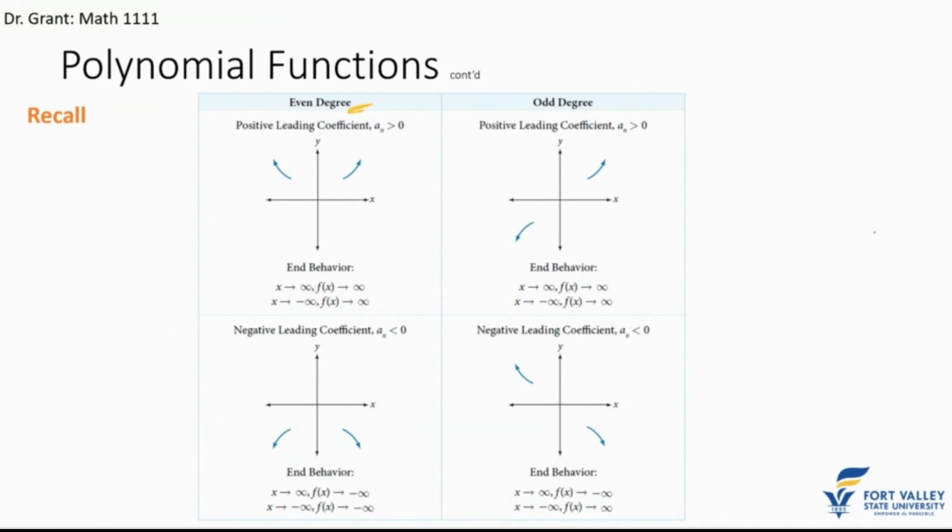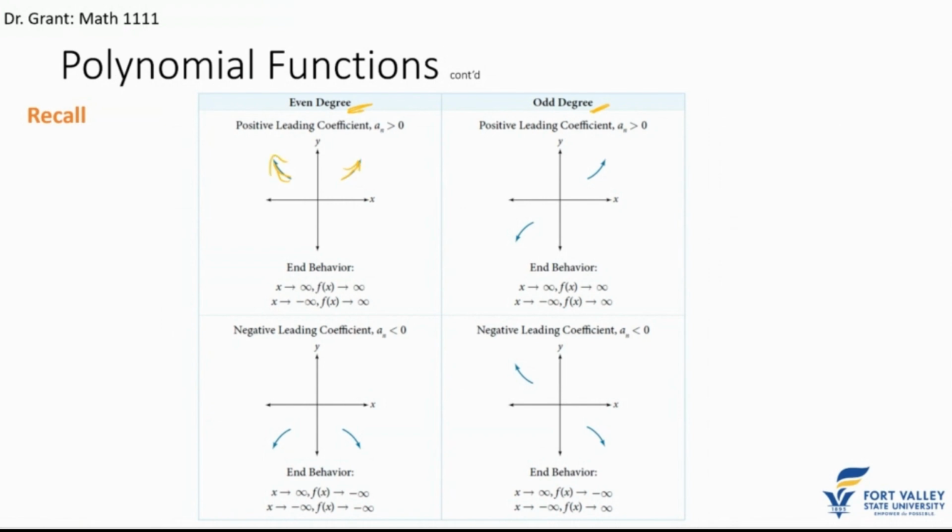Okay, is the degree even or is it odd? After you look at the degree of the polynomial, you also want to look at whether the coefficient is negative or positive.